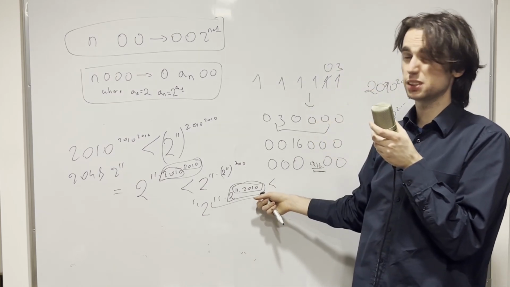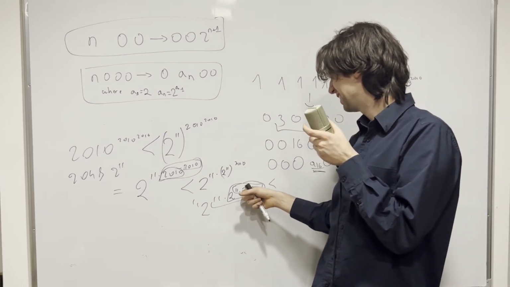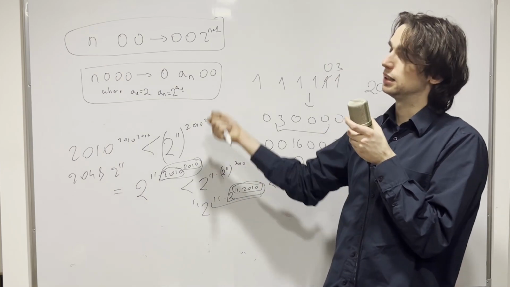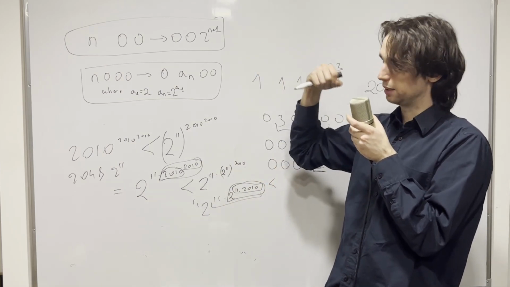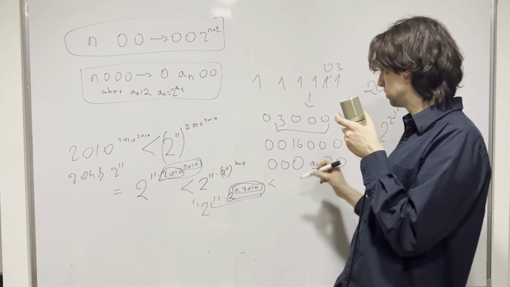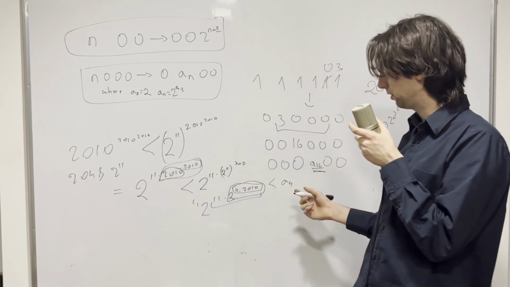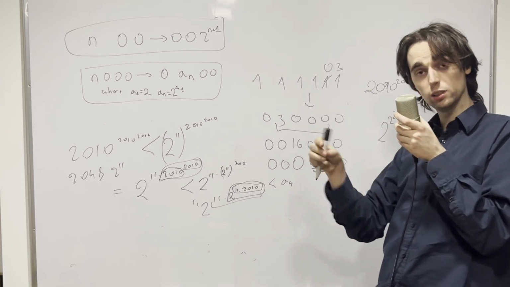Is it less than 2 to the power of 16? So this is less than 2 to the 11th. And yeah, I think it makes sense, 2 to the power of 16. So this is less than A4. Let me double check this in my own time.